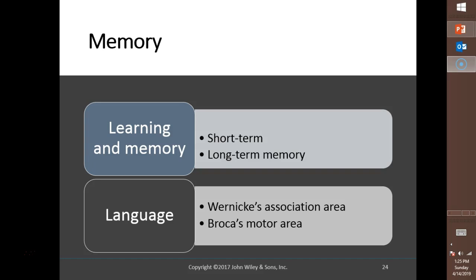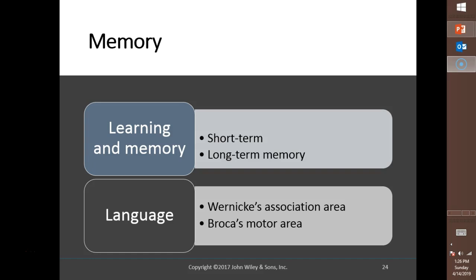If the word is spoken, Wernicke's area receives input about that word from the primary auditory area. Remember, auditory is hearing. Once Wernicke's area receives that information, it translates it into the appropriate thought. So we know what that word is because of that association.